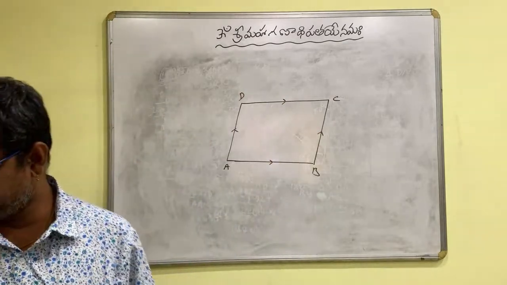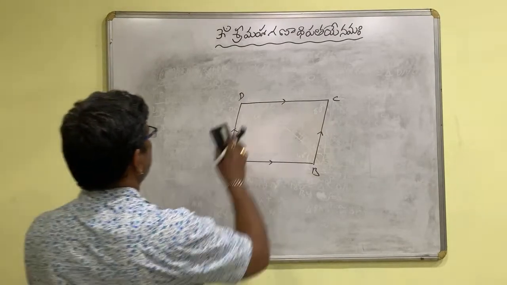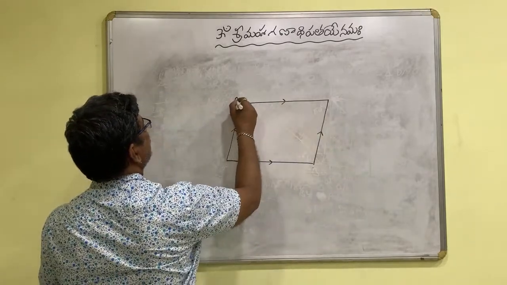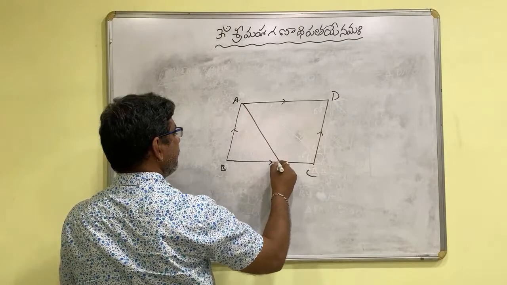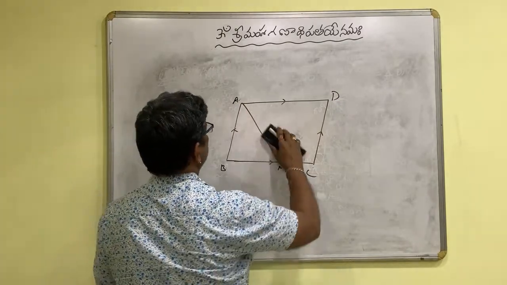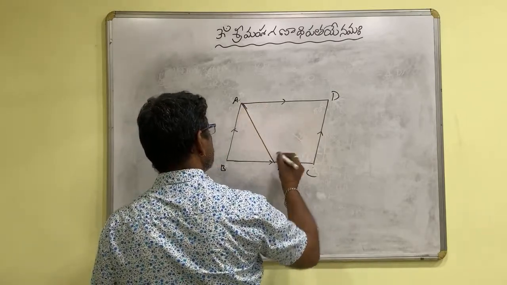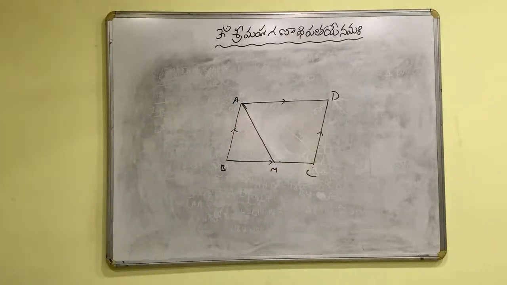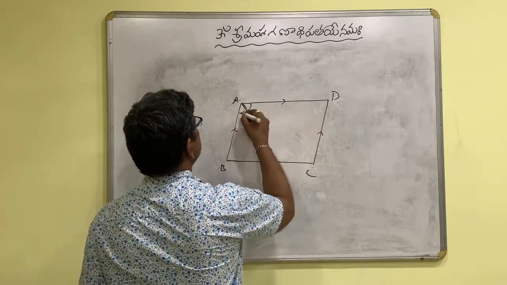M is the midpoint of BC. Angle BAM, DAM, these two angles are equal.